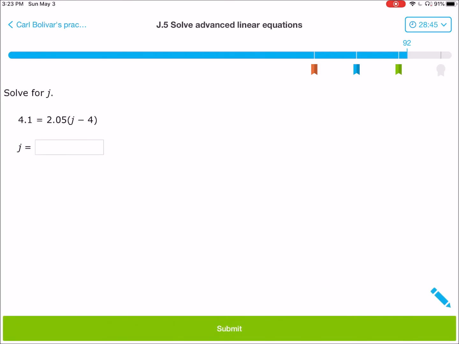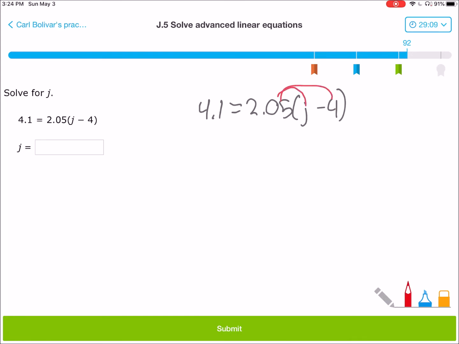Great, wonderful. Now, please pause the video and try to solve this problem. Okay, you solved it. So, let's try to solve this. 4.1 is equal to 2.05 times j minus 4. So, first, let's distribute, right?